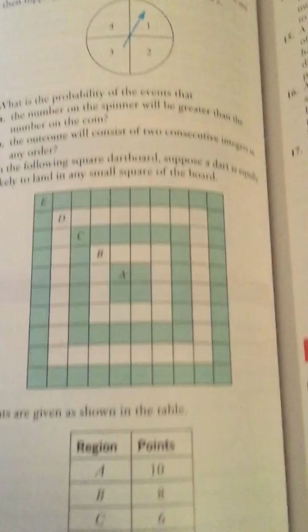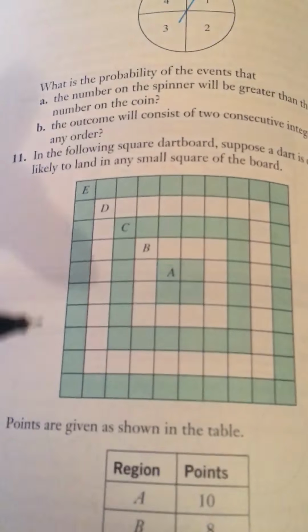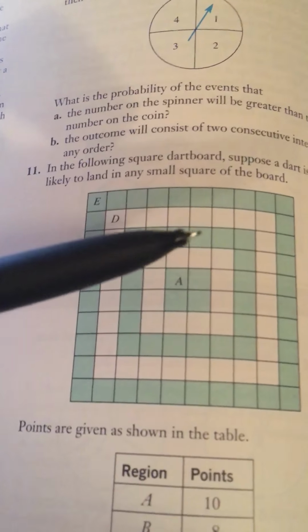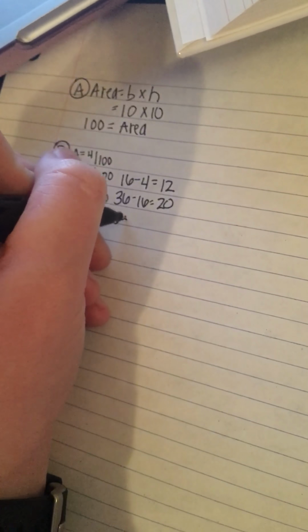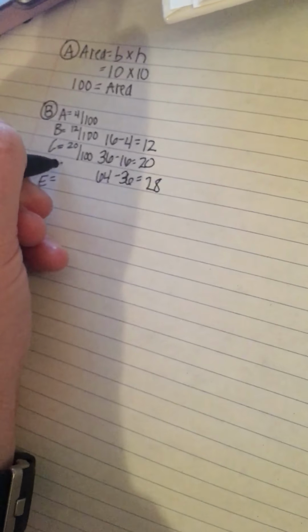Then we go back to the square once again, and we notice that this is an 8 by 8. 8 times 8 is 64, minus 36, we get 28. So we get 28 out of 100.